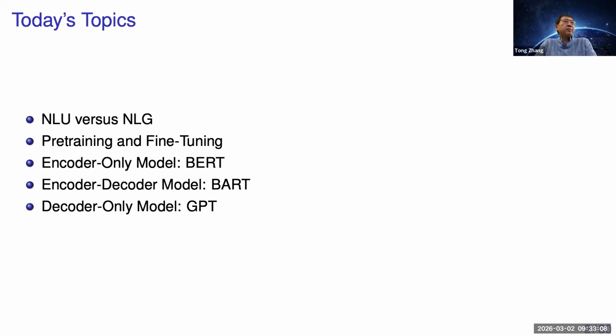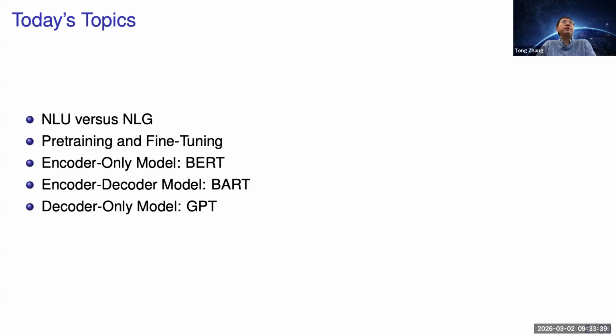So we will talk a little bit about natural language understanding and natural language generation. Traditionally, these are regarded as two different topics. In the older days, or even until pretty recently, they were treated separately, and this is also the distinction of encoder and decoder.